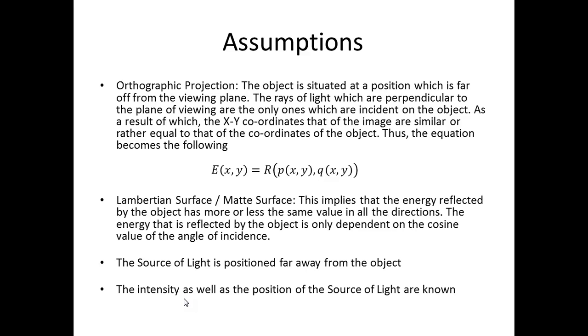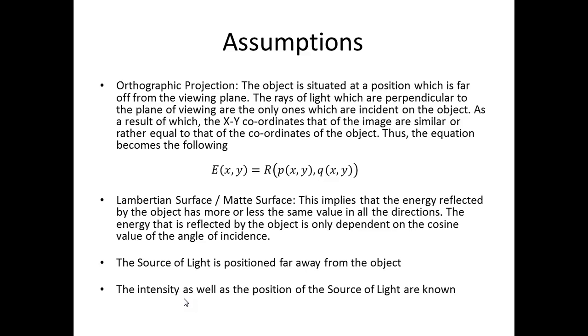The rays of light which are perpendicular to the plane of viewing are the only ones which are incident on the object, as a result of which the XY coordinates of the image are equal to the coordinates of the object. Thus the equation becomes E of small xy equals the radiance function R of pq, where p and q are the partial derivatives of the object surface in the directions x and y respectively.